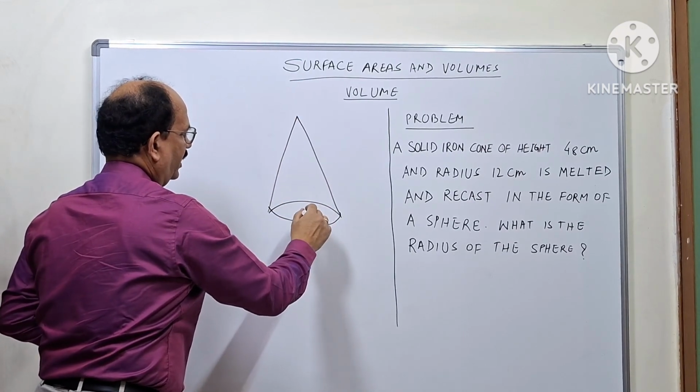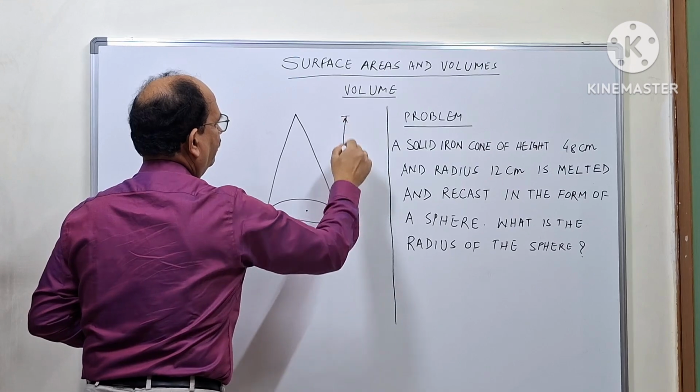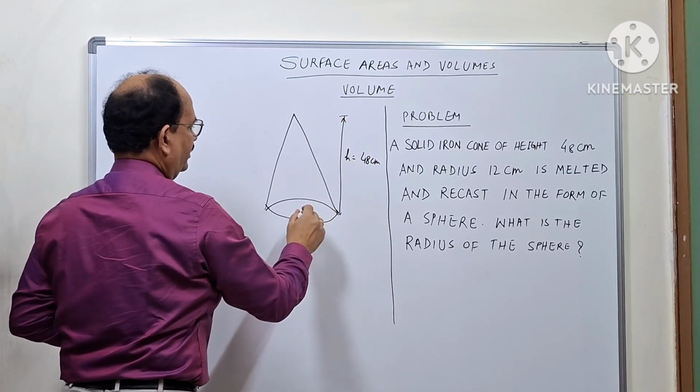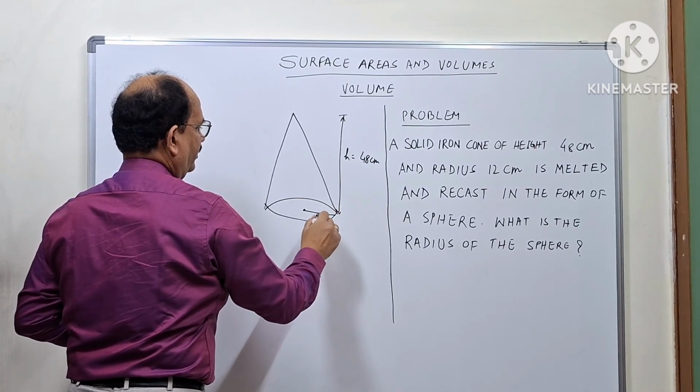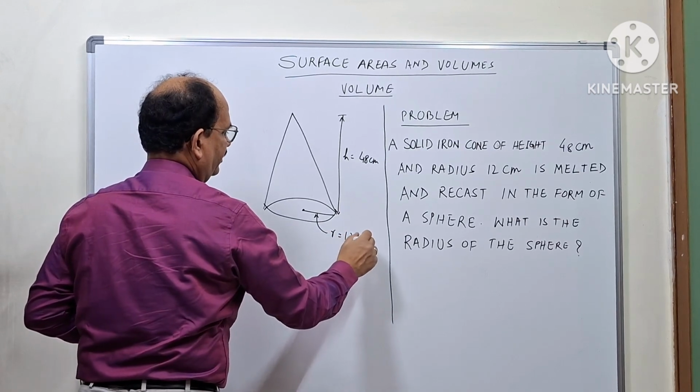What is the volume of the cone? Suppose this is the cone, and the cone has a height of 48 centimeter and radius of 12 centimeter.